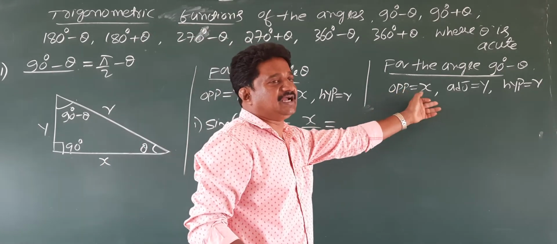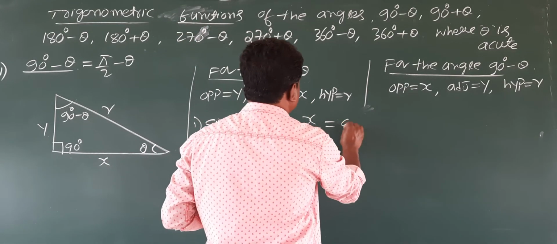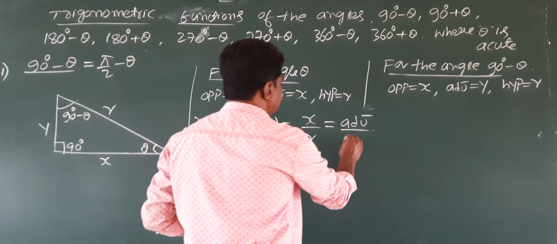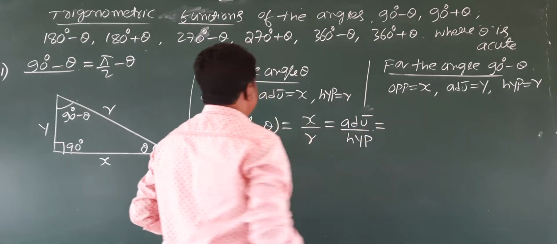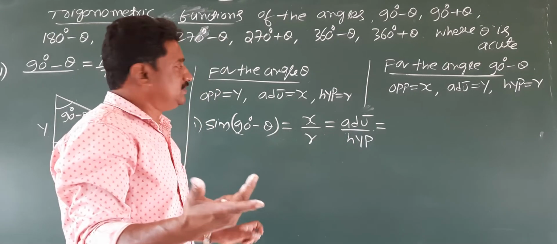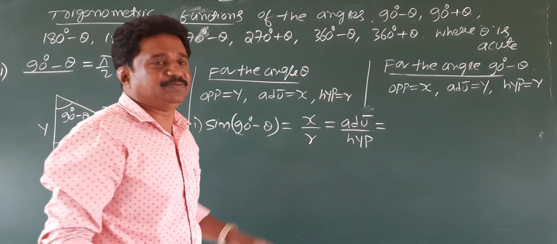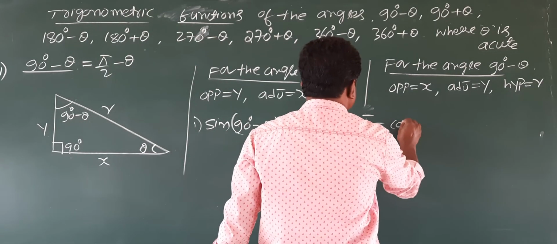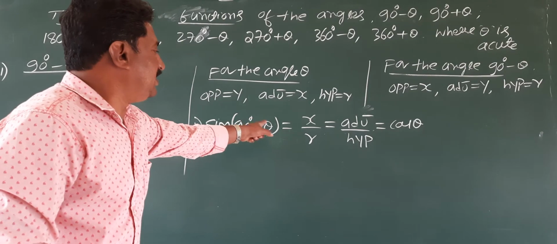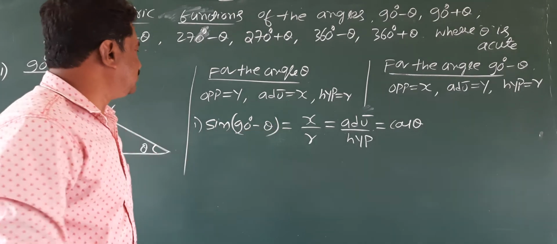Compare this with the other angle: here x means adjacent, and r is hypotenuse. What is adjacent by hypotenuse in general? Cos theta. So sin 90 minus theta is cos theta.